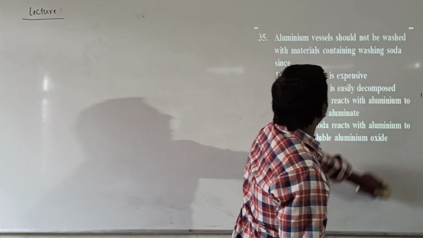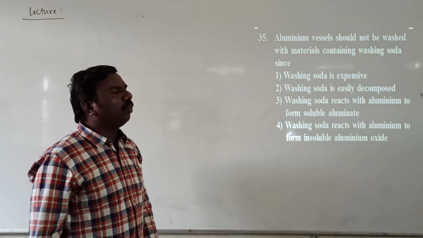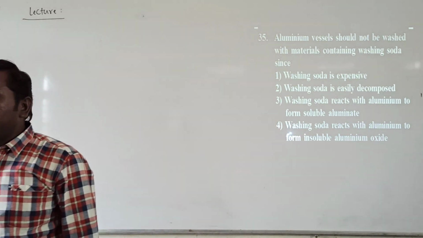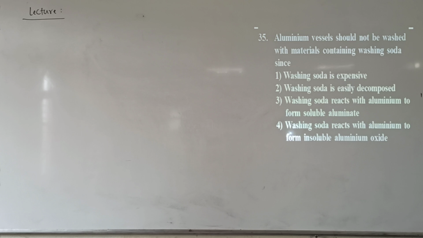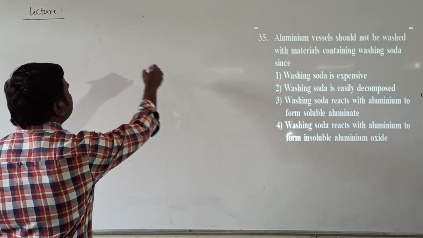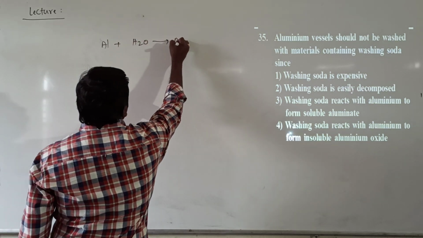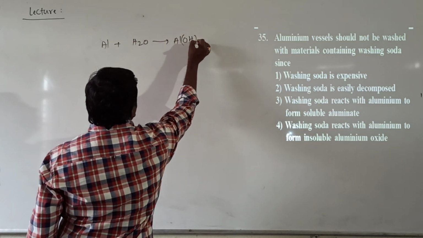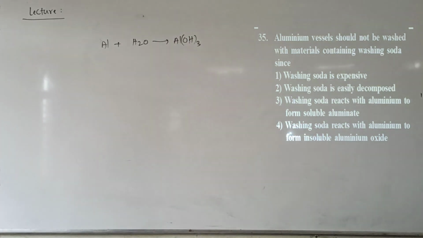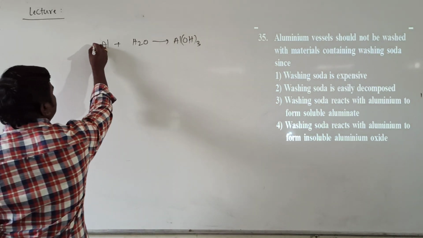Next. An aluminium vessel should not be washed with a material containing washing soda. So what will happen when it is treated with washing soda? Aluminium plus water gives rise to Al(OH)3 plus H2.